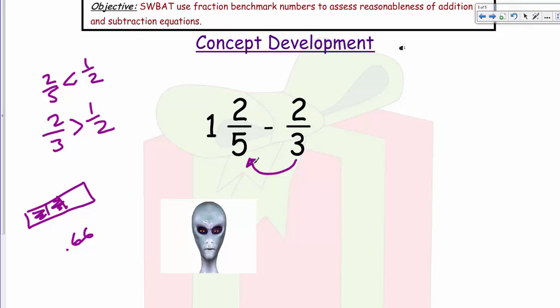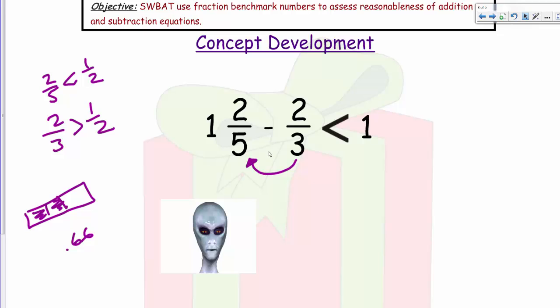Well, by looking at that, knowing that 2/3 is larger than 2/5 means that I'm actually going to have to take from the 1/2. And that lets us know that our answer must be less than 1. So that expression is actually going to be less than 1.